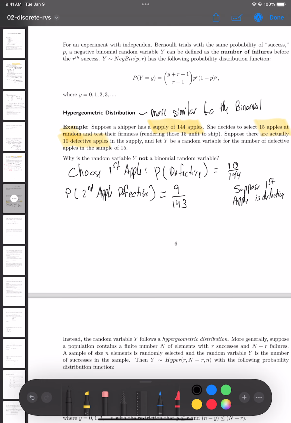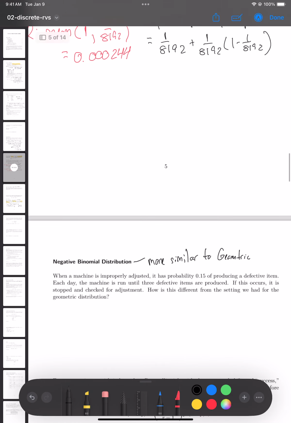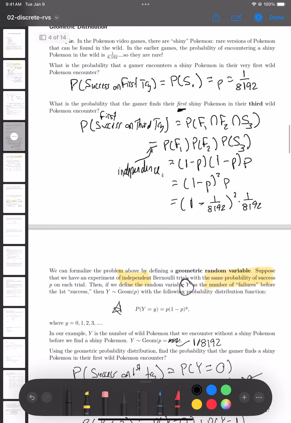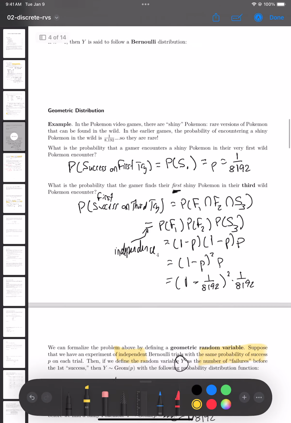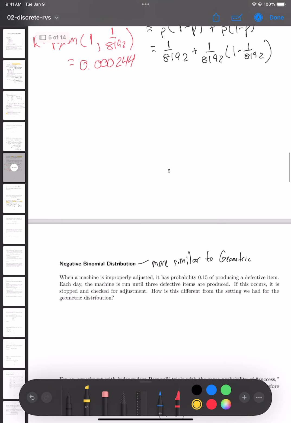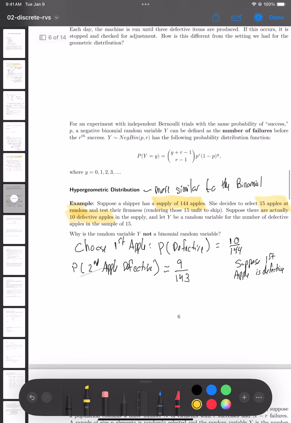And so what you'll notice here is I'm going to scroll back up to the binomial experiment conditions. What you'll notice is that a couple of these are violated. Both 3 and 4 you could think about as being a violation. We're seeing our probability of success change from trial to trial, and the trials are also not independent because whether or not this first apple is defective affects the probability that the second apple will be defective.